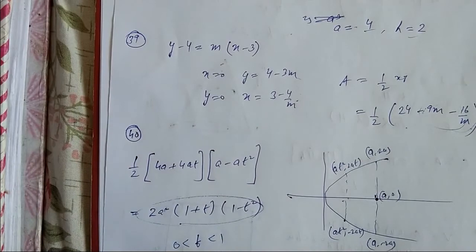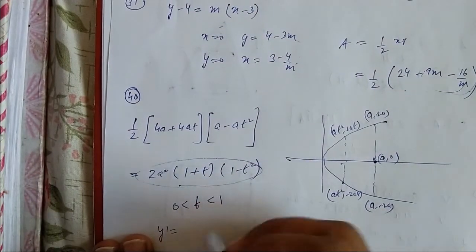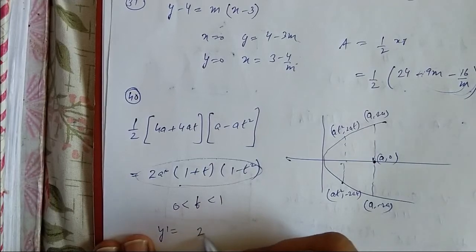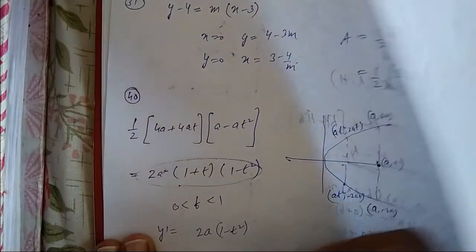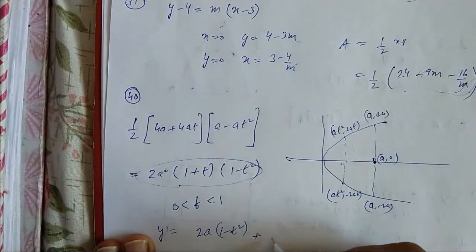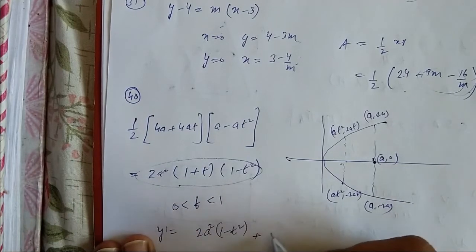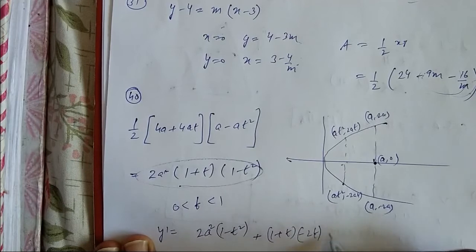Okay, calculate y dash first. So y dash would be equal to 2a²(1 - t)², which should be equal to 0.